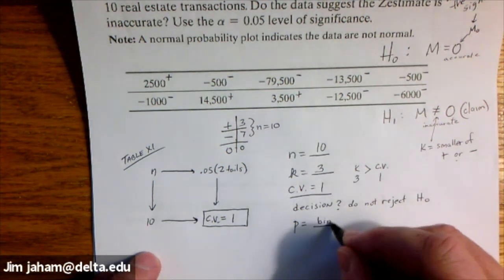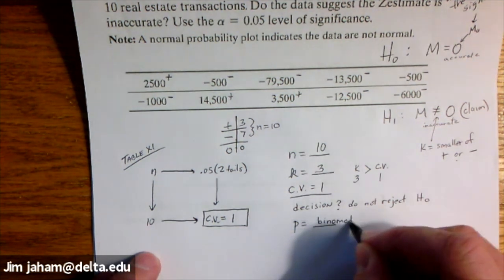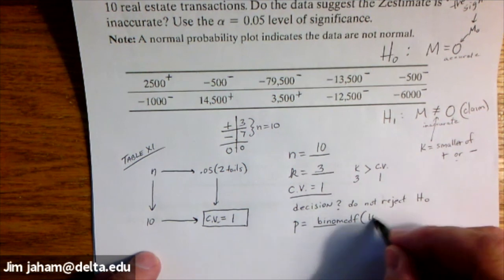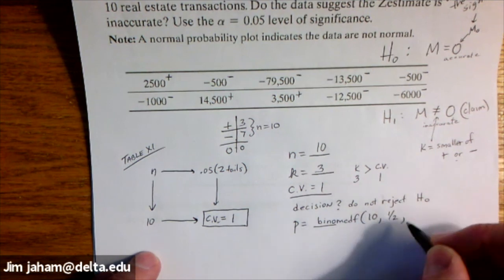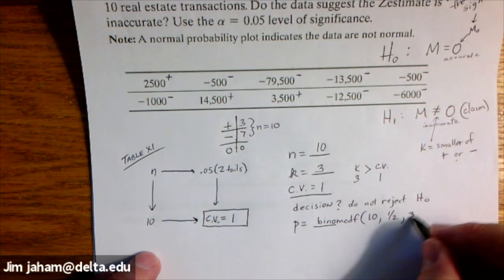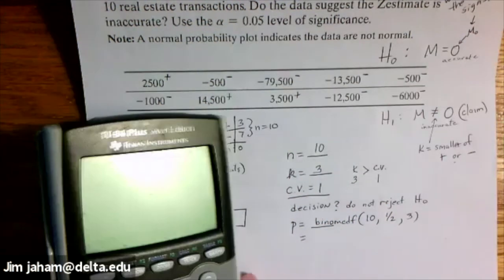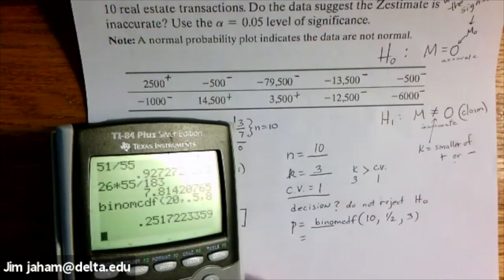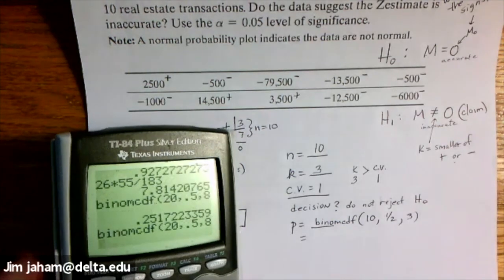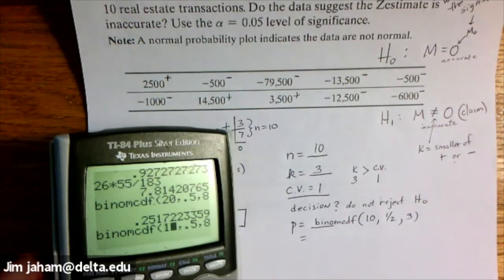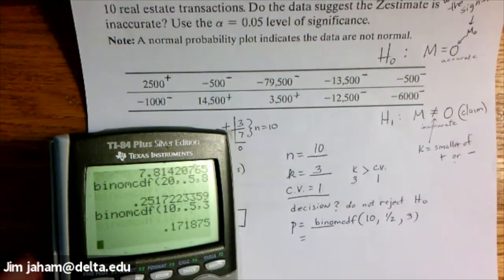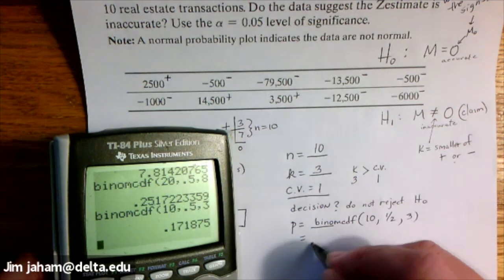The p-value, binomial CDF, our n value is 10, always 1/2 for the p, and then our k value is 3. And that gives 0.172.